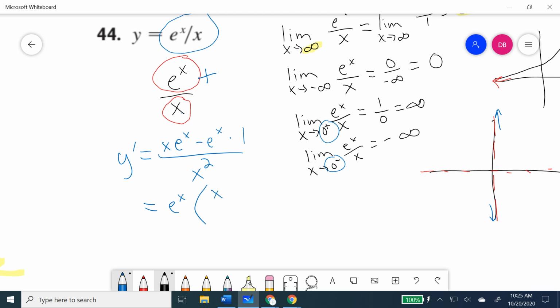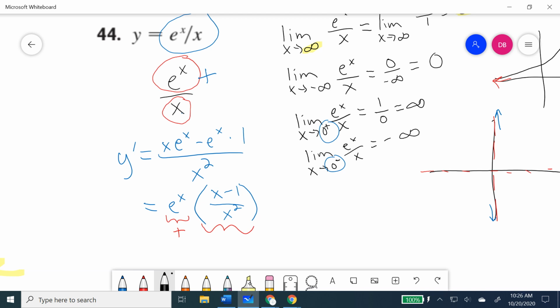I will be left with an x minus 1 over x squared. And we're trying to figure out what makes the derivative 0, positive, negative, undefined. So it's important to realize that the range of e to the x will be positive numbers only, never 0. That means I just need to focus on this other one, and it's going to tell me everything.